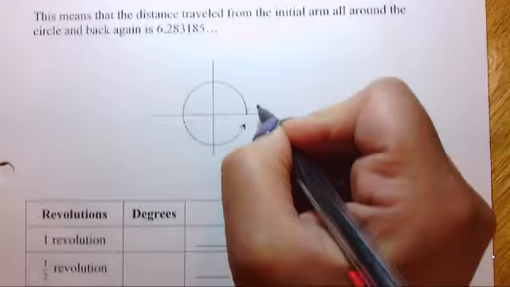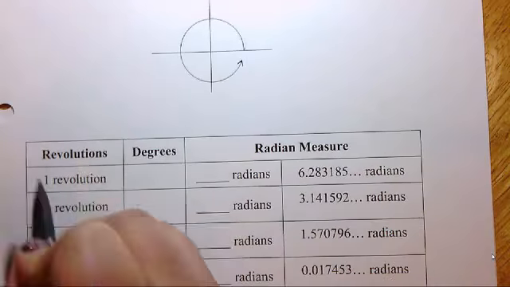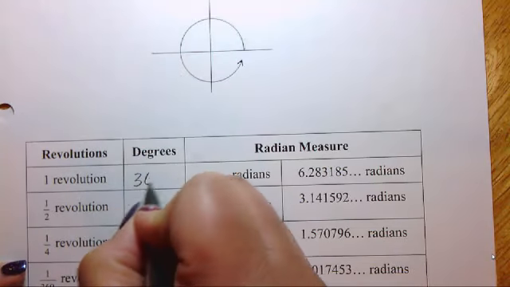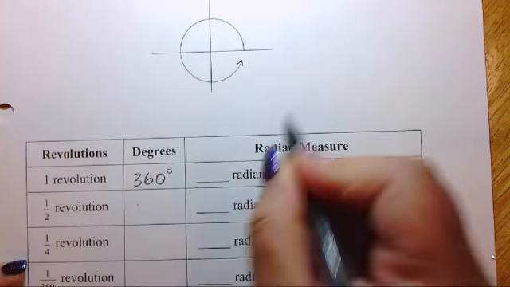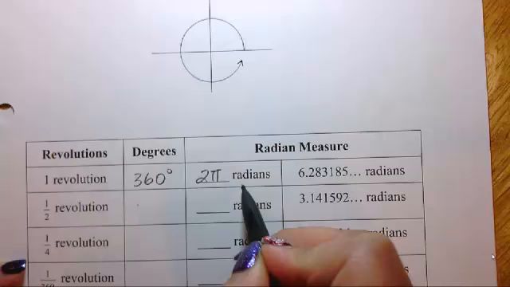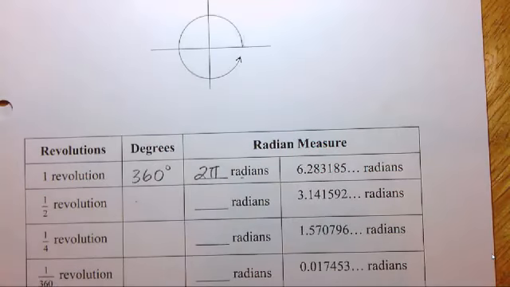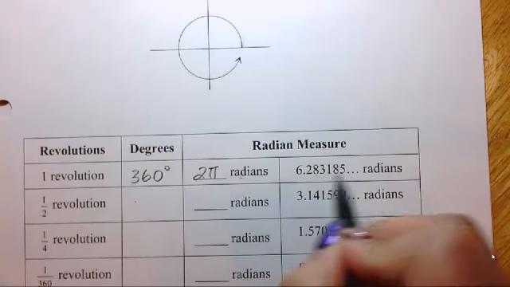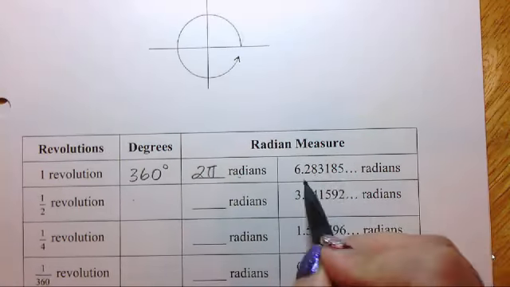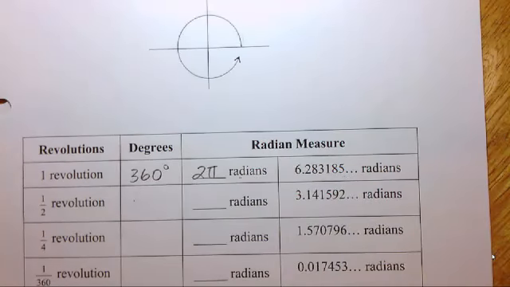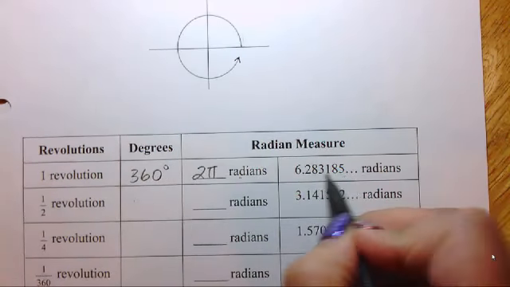All right. So let's look at 1 revolution, which is all the way around. That is 360 degrees. This is equivalent to 2 pi radians. This is just a different unit to measure angles. Now, the radian measure, that's what it would be in decimal form, in an actual number. The decimals keep going forever, so we don't really like to use this notation.